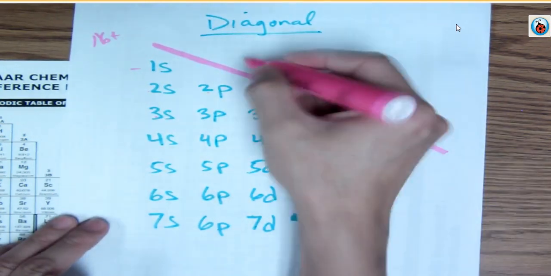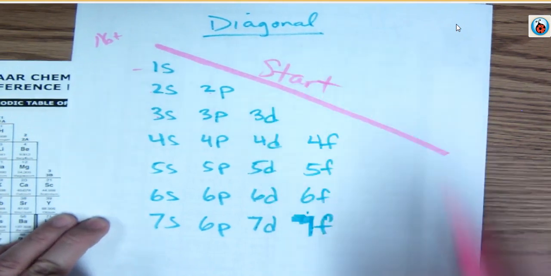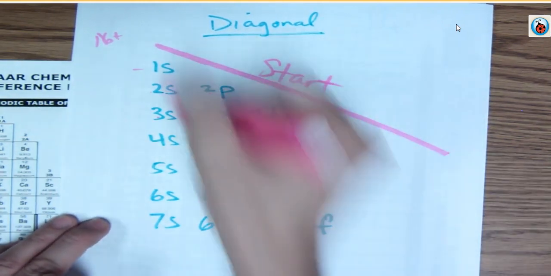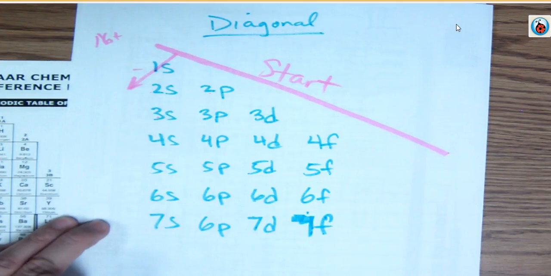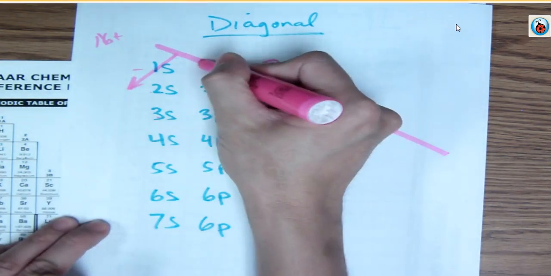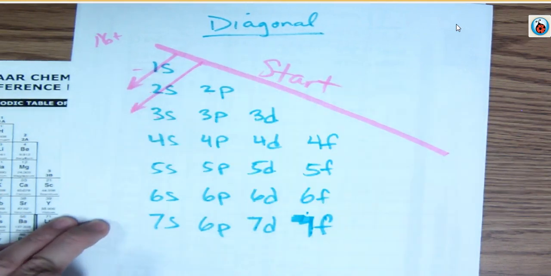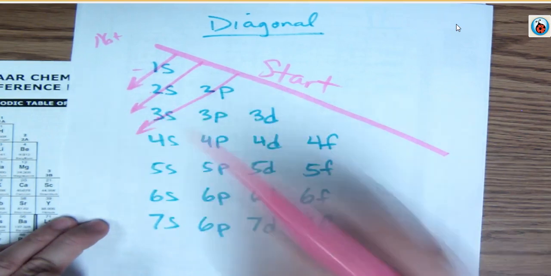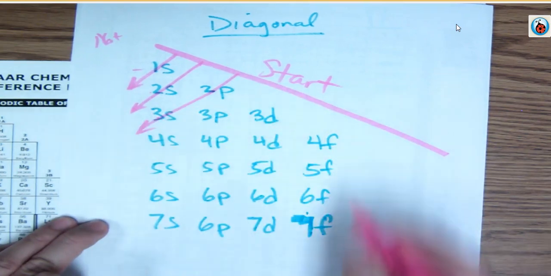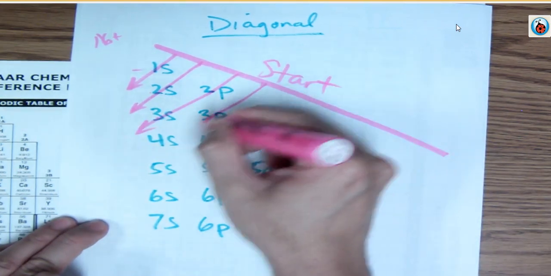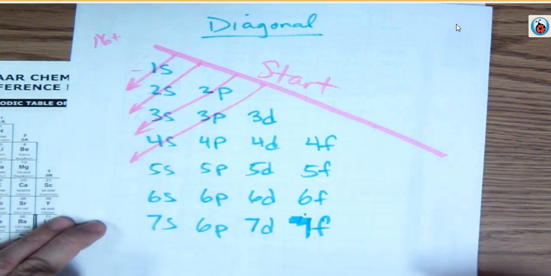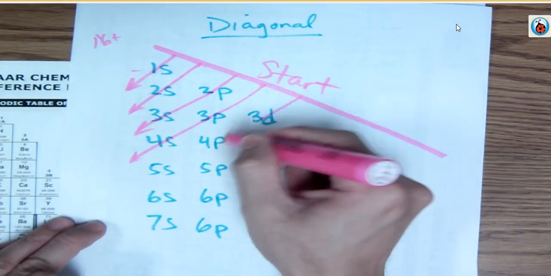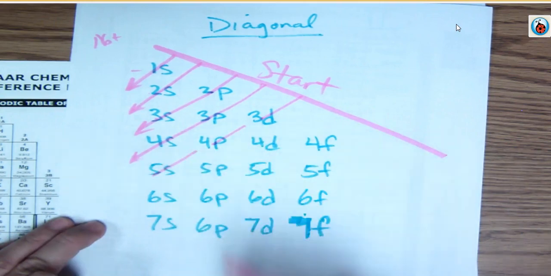You start back here. This is the start line. Okay. Lowest energy is 1S. You go like that. 1S. And then once you're done with all that diagonal, you go back to the line, 2S. And then you go to 2P, 3S. Okay. Back to the line, 3P, 4S, 3D, 4P, 5S.